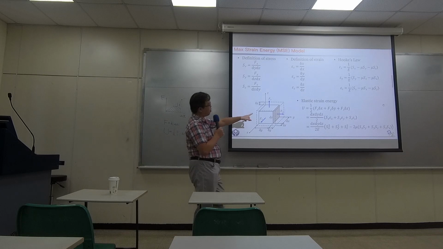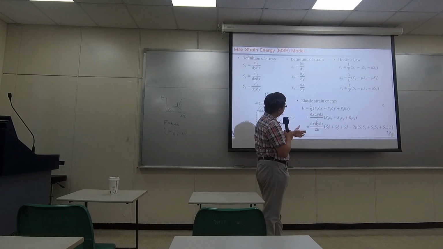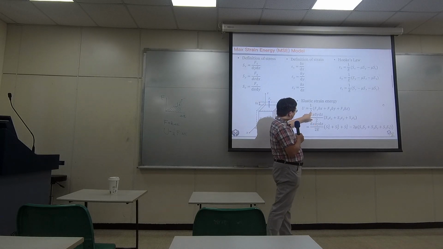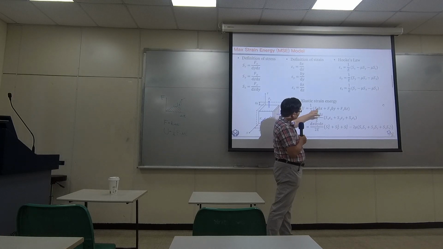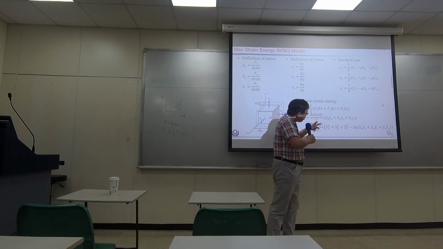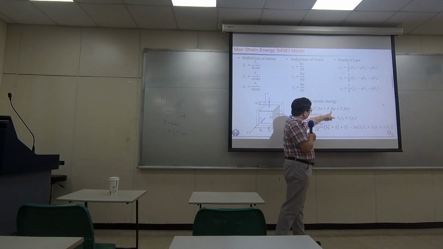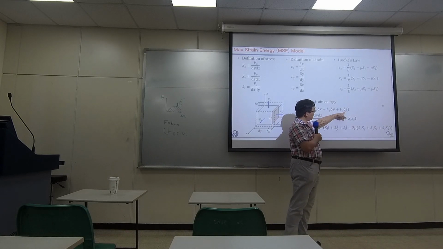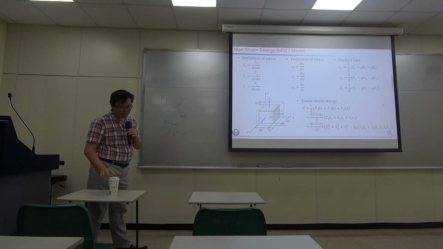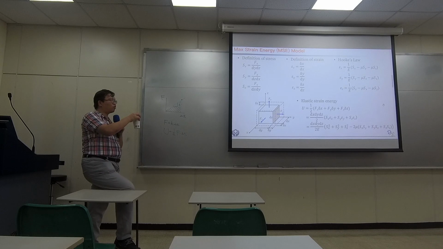That's why we have all these right here. Along the x direction, we assume the strain energy that we store equals a half of the force times the displacement. So this is the strain energy that you store inside the material along the x direction. Similarly, you have the y and the z. Okay? So in total, basically, you sum them up. This is the total strain energy that you store inside the material.